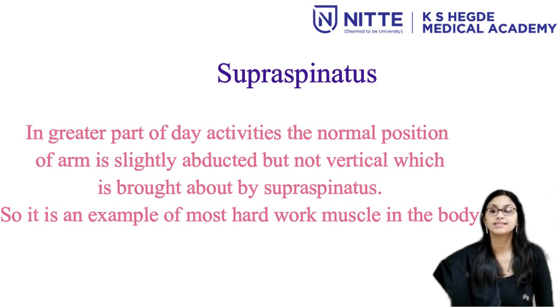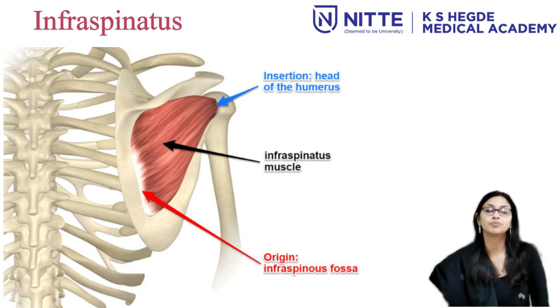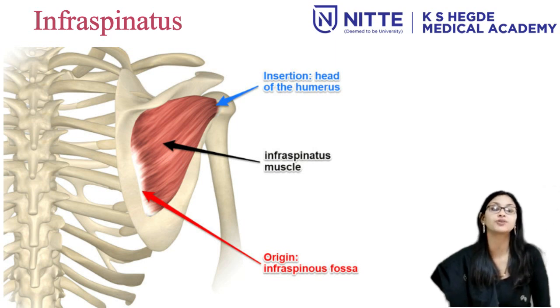Next muscle is infraspinatus. As the name suggests, infra means below. This muscle is present below the spine of the scapula. Origin of this muscle is from the medial 2/3 of the infraspinous fossa, the inferior surface of the spine of the scapula, and from the fascia covering the infraspinatus muscle.